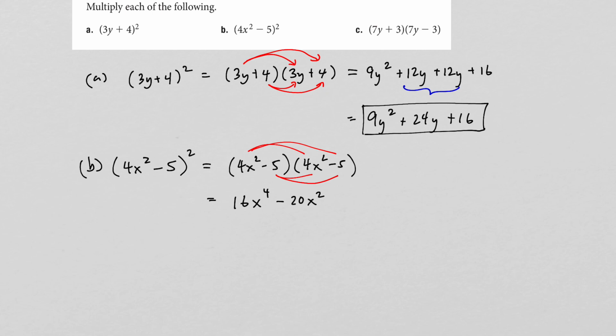Negative 5 times 4x squared again is negative 20x squared. And finally, negative 5 times negative 5 is positive 25. Combining like terms in the middle, we end up getting 16x to the fourth minus 40x squared plus 25.